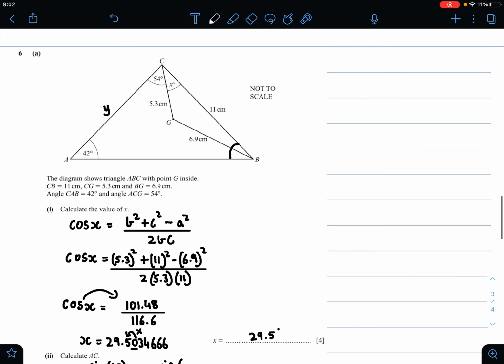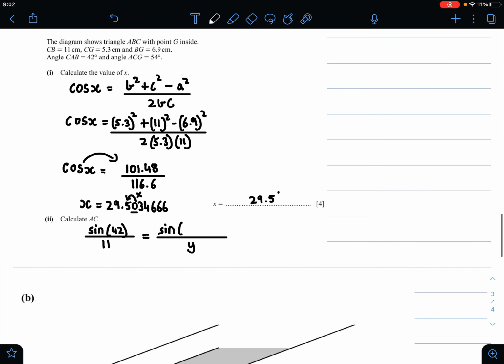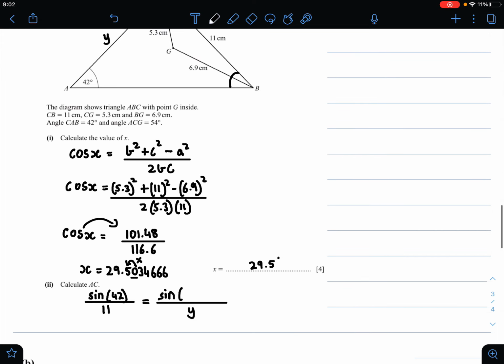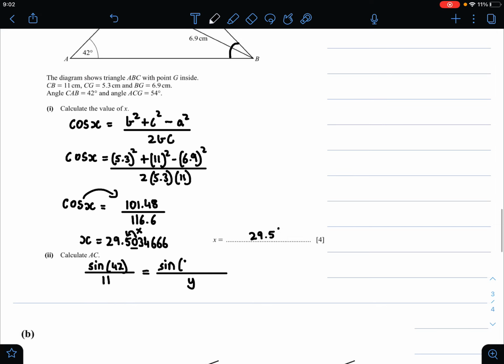So the third angle would be 180 minus 42. So we know that in a triangle the angles add up to 180. That's why 180 minus 42 minus 54 minus 29.5, and therefore that answer is 54.5.